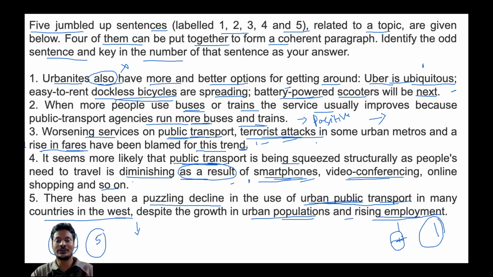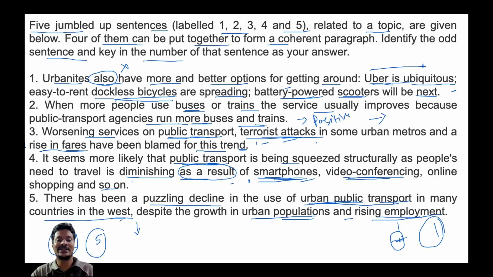Second, we can say the fourth one. It seems more likely that public transport is being squeezed structurally. Why? The reason is smartphones, video conferencing, online shopping, and so on. This is again another reason. And third, people are using other modes of transportation like Uber or bicycles or battery-powered scooters, right?